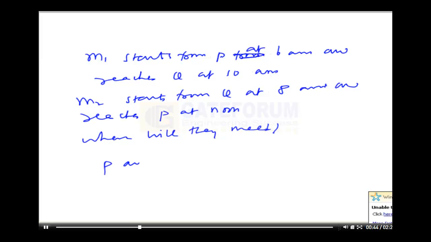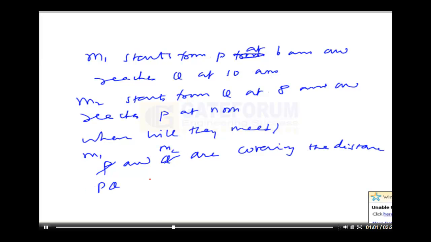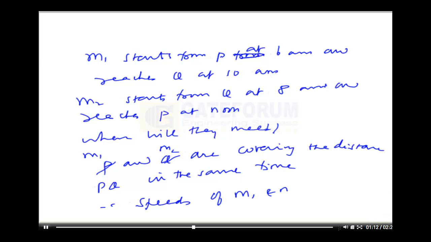So we find M1 and M2 are covering the distance PQ at the same time. Therefore, speeds of M1 and M2 are the same.